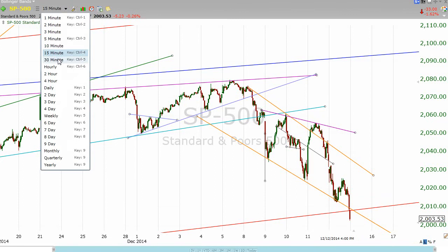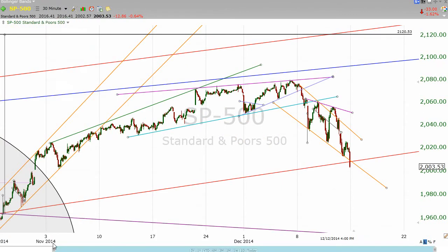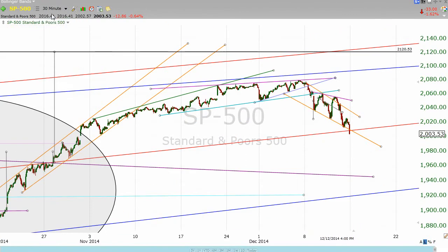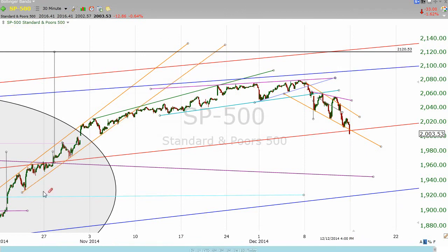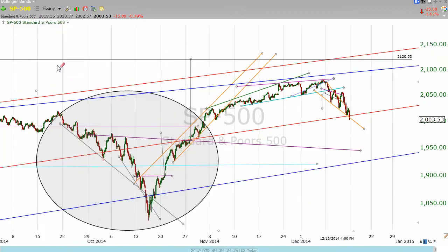Now, let's back out again on a 30-minute chart. And there you see, coming up, breaking our narrow rising channel came as no surprise. That's got to break. That sucker cannot hold because it's going up too fast. When you look at it on the hour chart, it's even more. You can see just how aggressive that was.